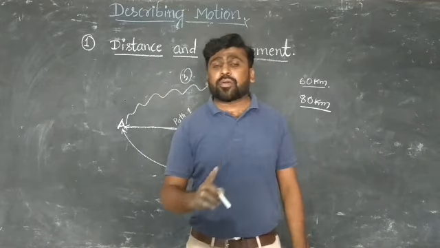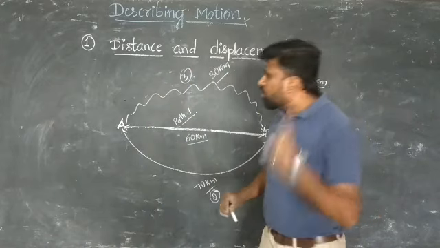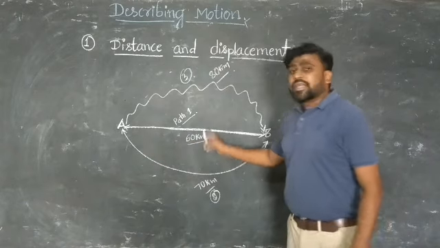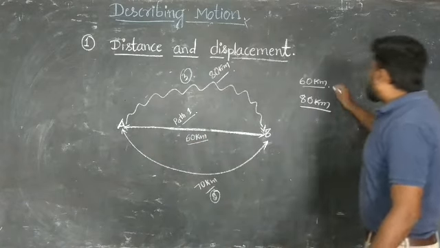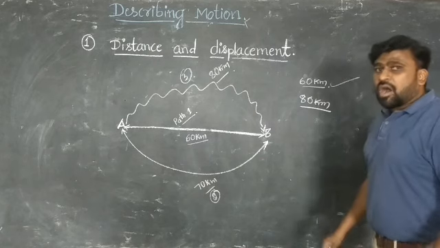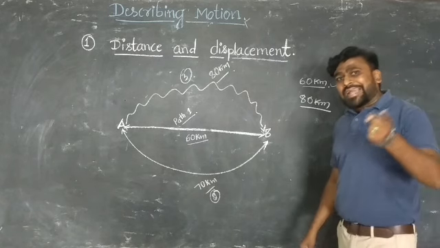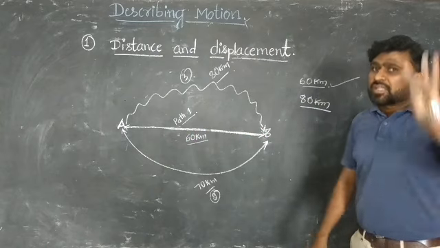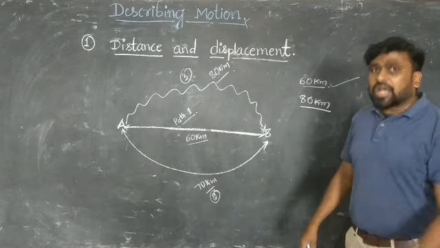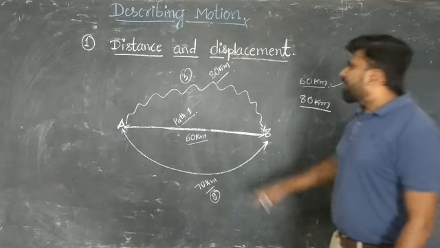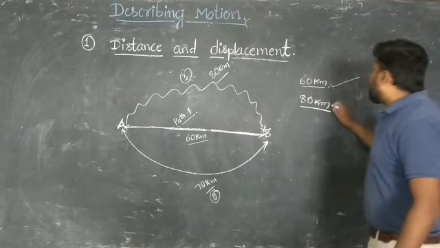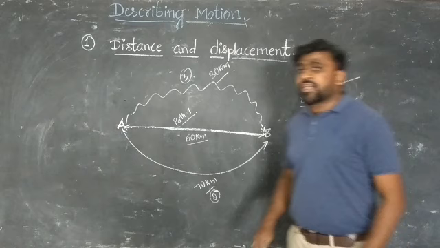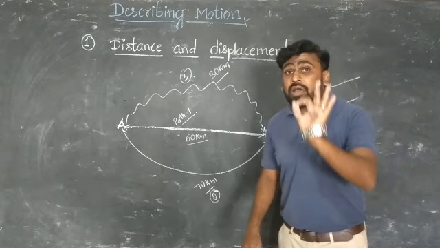Regarding the two examples, first I will go from Kadur to Shimoga by path 1, distance traveled is 60 kilometer. After that, I traveled Shimoga to Kadur by third path. That time, the distance traveled is 80 kilometer. Understood? Like that, we can easily find out the distance traveled.